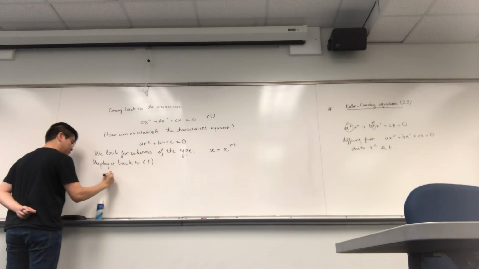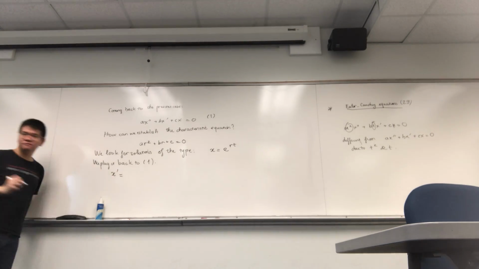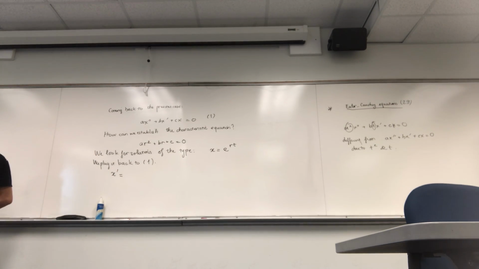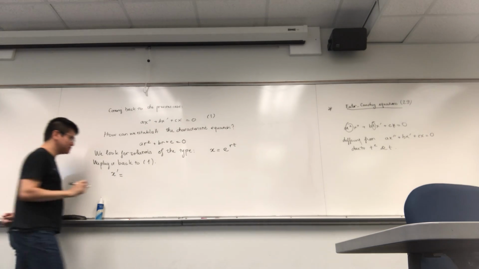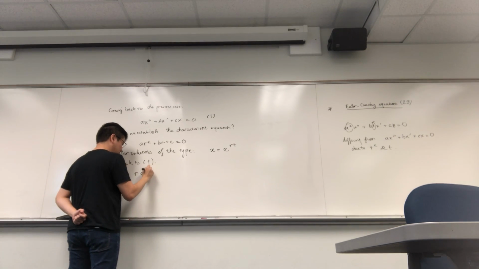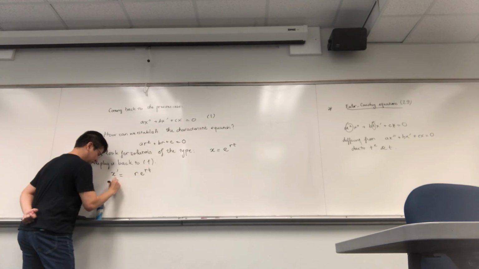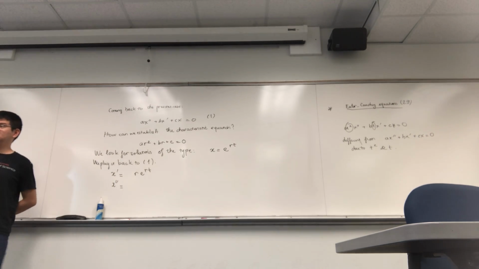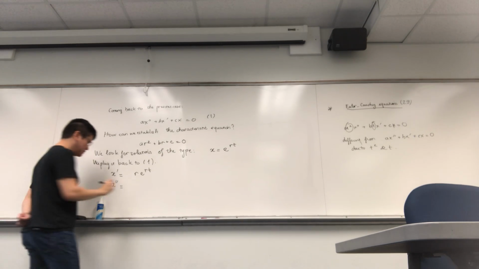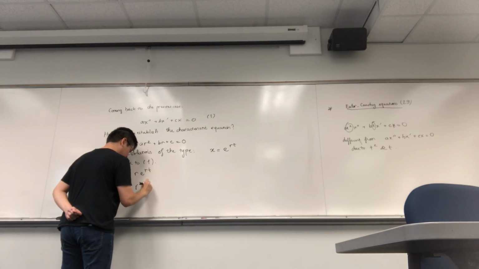So now we have x prime, what is x prime? x prime will be r e to the rt, and what is x second? r squared e to the rt, right?